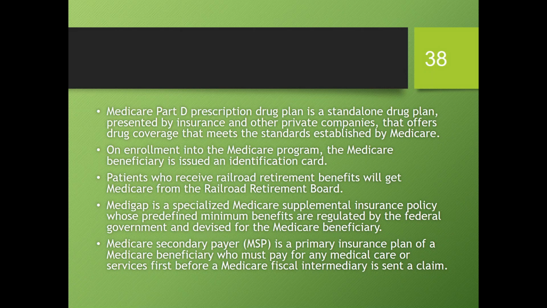Medigap is a specialized Medicare supplemental insurance policy whose predefined minimum benefits are regulated by the federal government and devised for the Medicare beneficiary. The MSP, Medicare Secondary Payer, is a primary insurance plan of a Medicare beneficiary who must pay for any medical care or services first before a Medicare fiscal intermediary is sent a claim.